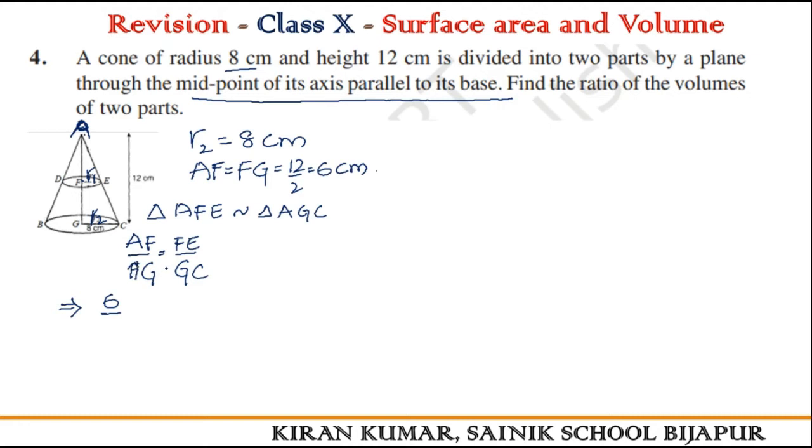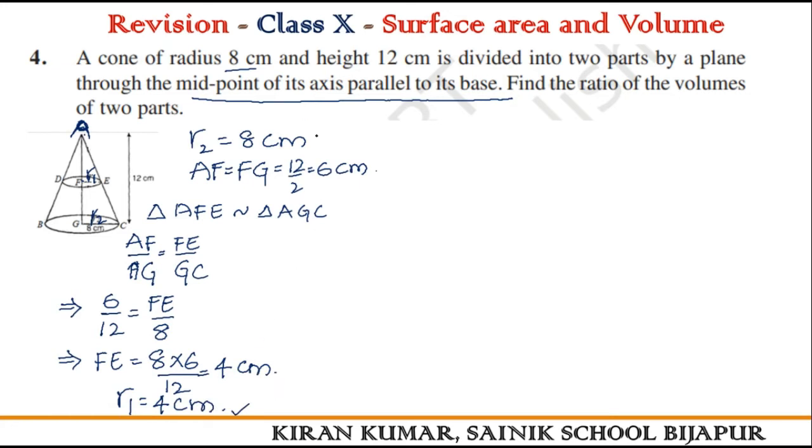AF by AG equal to FE by GC, correct? 6 by 12 will be equal to FE by GC is 8. So we can find out the length of FE. So FE will become 8 times 6 divided by 12. We get it as 4 centimeter. So FE is nothing but the radius of the top of the frustum, which is 4 centimeter.